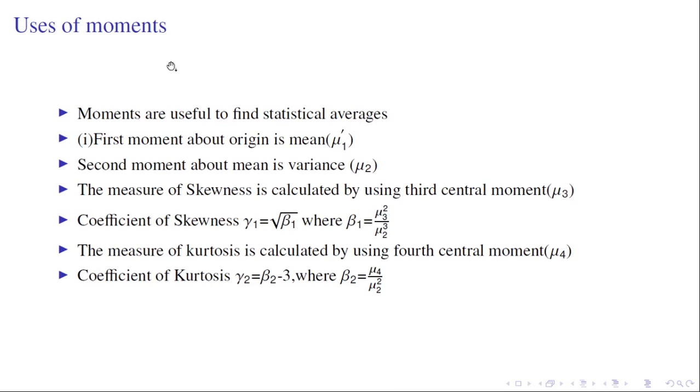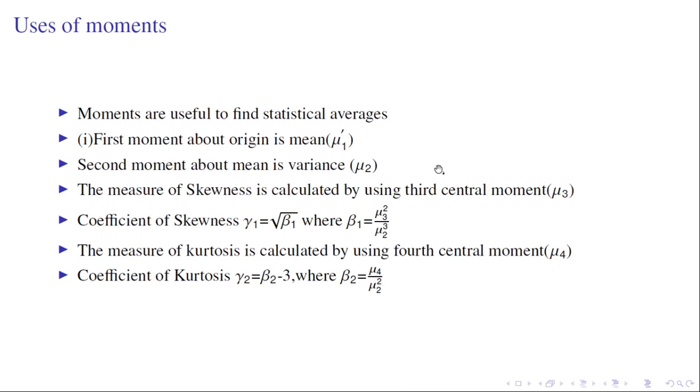So moments are very useful to calculate the measures of dispersion, all the measures of descriptive statistics. To describe the statistics we need central tendency, dispersion, skewness and kurtosis. To measure all these 4 characteristics we use the moments.